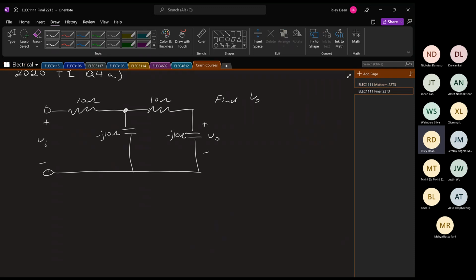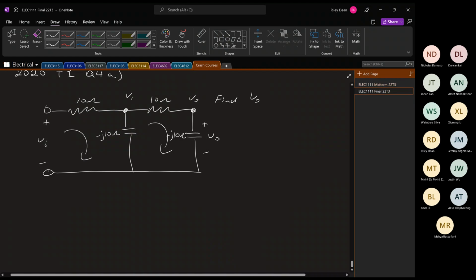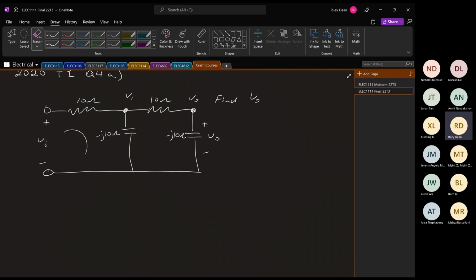We could potentially use some nodal analysis, or we could just do mesh analysis as well. My view would be that it's easier to do nodal analysis because we can just treat VI as a source.